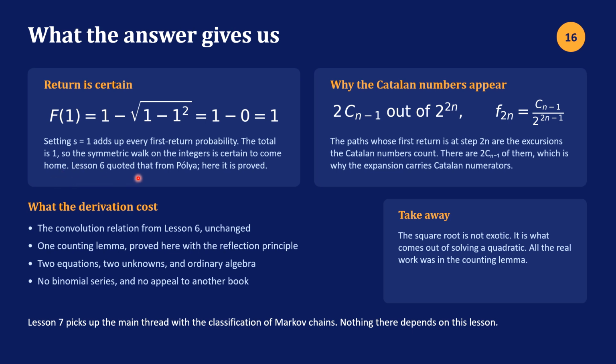In lesson 6, we quoted this result from the mathematician Pólya, but here we've proven it. In the previous lesson, we mentioned how the coefficients of the Taylor series for the generating function were the Catalan numbers. So I'm just kind of restating that here.